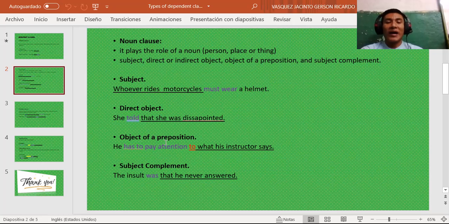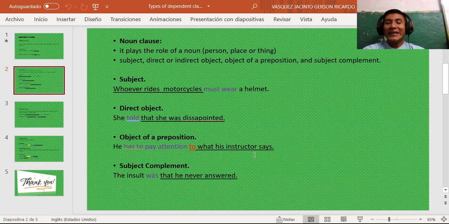And then we have object of a preposition. In this case, we need a preposition, which is in red, and the sentence is the next one. He has to pay attention to what his instructor says. For those who are students, he has to pay attention is our independent sentence, and to is acting as a preposition.